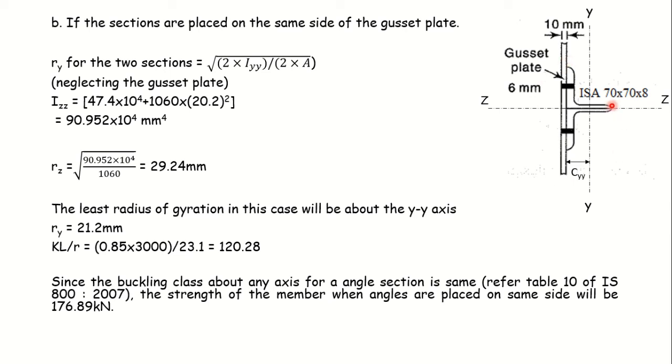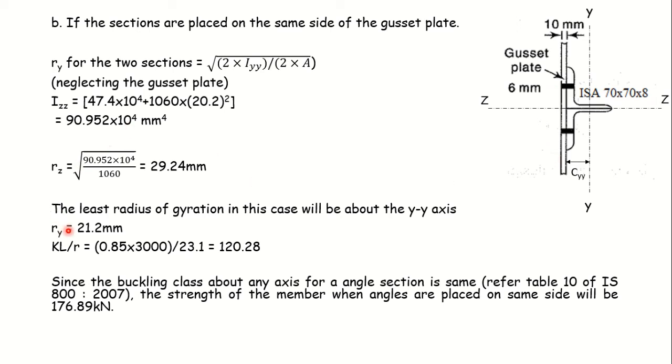Sometimes it requires the application of the parallel axis theorem, like we had in this case about the z axis, whereas about the y axis, when I place them back to back, the CG of both the angle sections will be passing through the same line. So this line itself will be the centroidal axis of this compound section here.